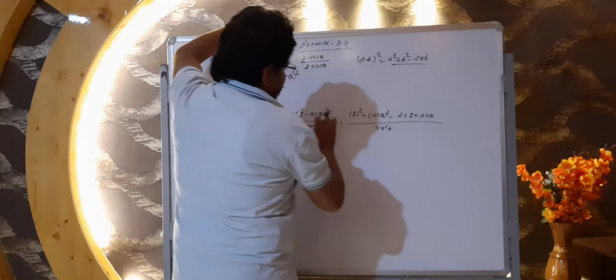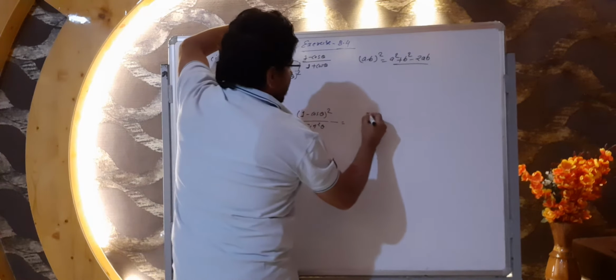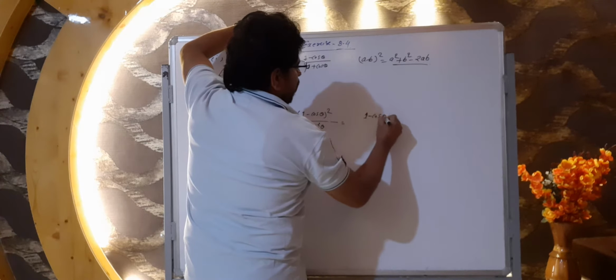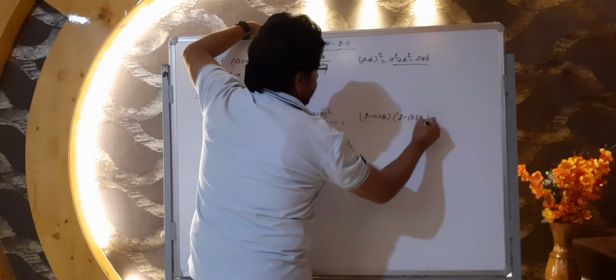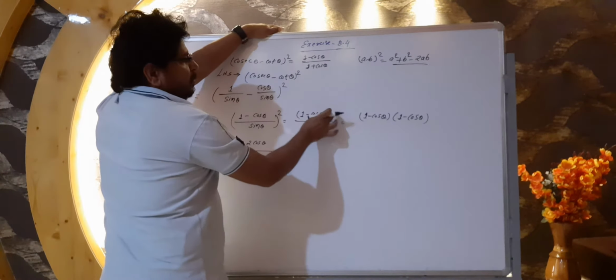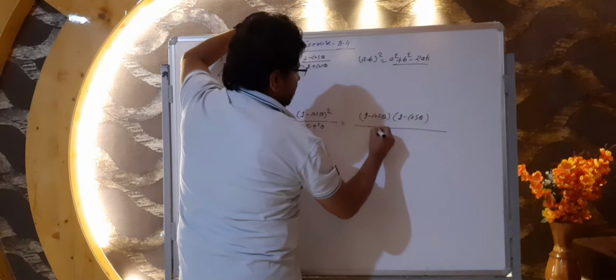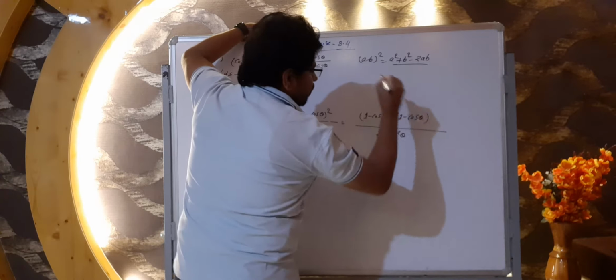In that particular place, if you are not applying that formula, can we try this? What can we try? We can try 1 minus cos theta, 1 minus cos theta. It is 1 minus cos theta power 2. Then can we write that? Yes, we can write. And sin square theta, what can we write? 1 minus cos square theta.